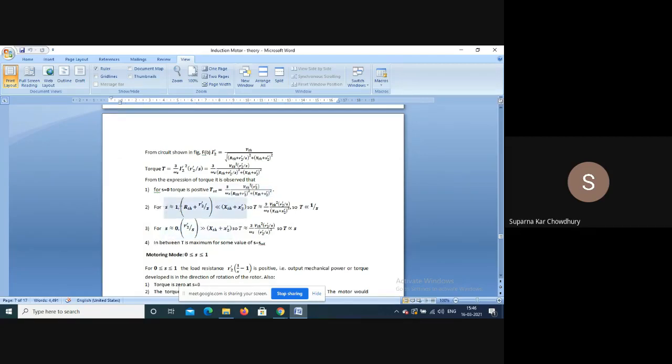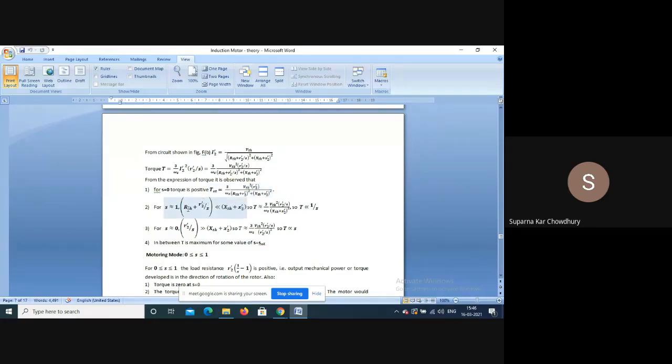Now, for S almost equal to 1, near starting, this R Thevenin plus R2 dashed by S is small. These resistance values are small, so this is very much less than the inductance portion, which includes XM, that is X Thevenin plus X2 dashed.